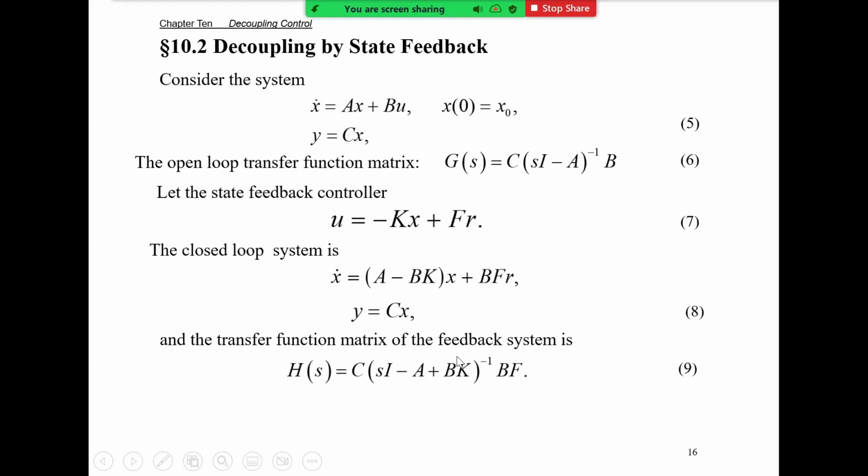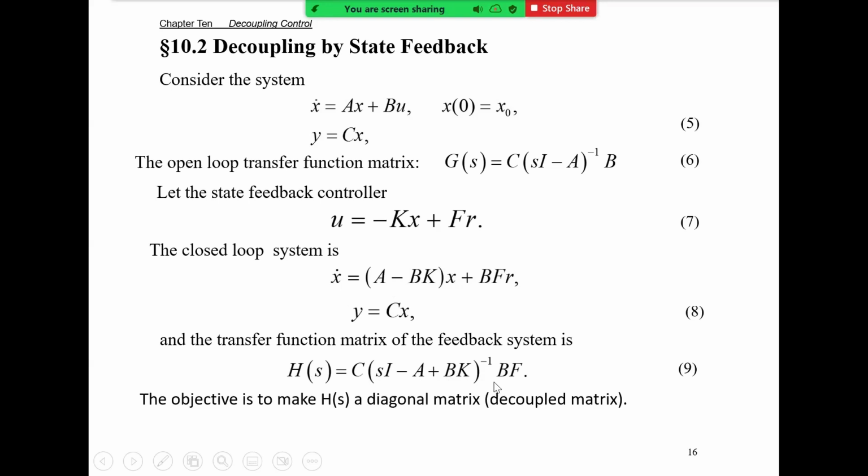Also this is the formula: it is C times (sI minus the system matrix), where the matrix changes from A to A minus BK. That's how we get this transfer function for the closed loop.